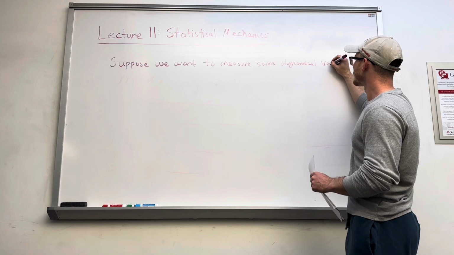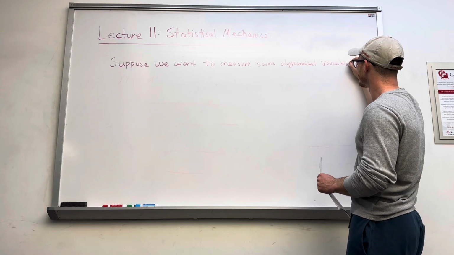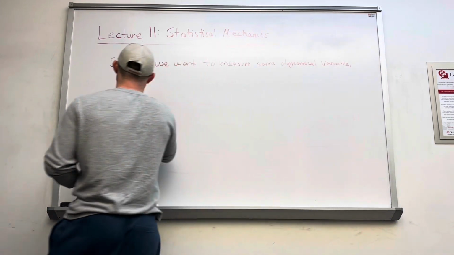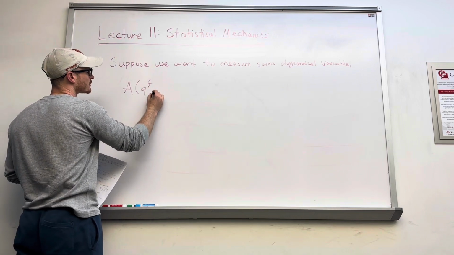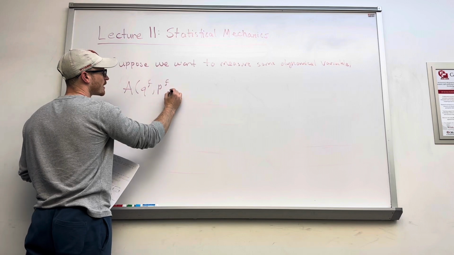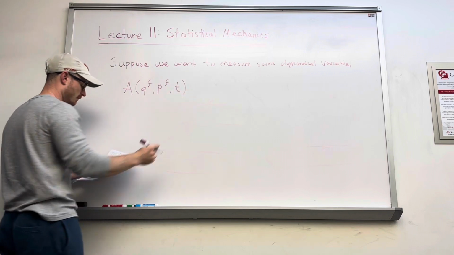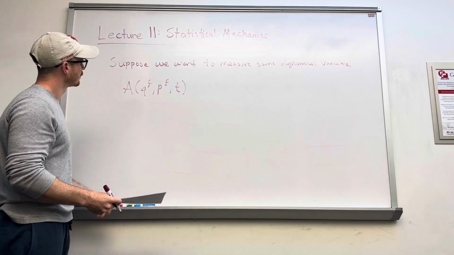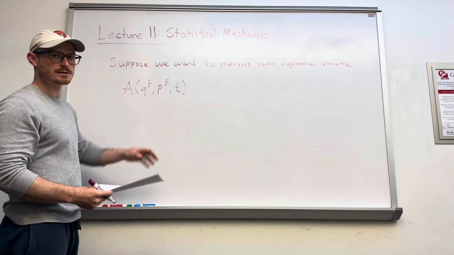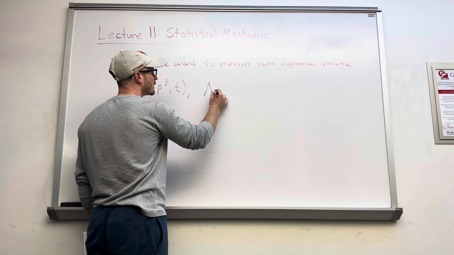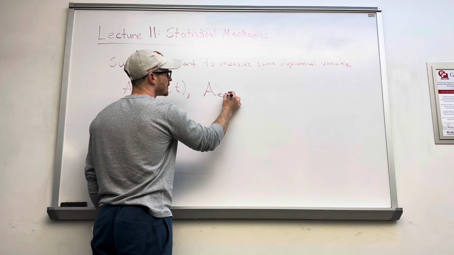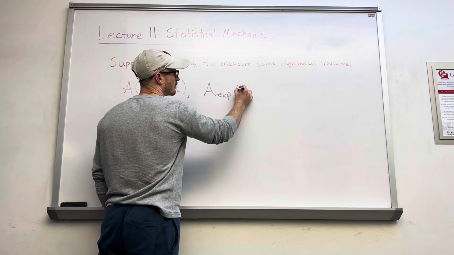And a dynamical variable, remember, is just a variable that depends on the relative positions of the particles, the momenta of the particles, and time. We want to measure this, right? Well, when we make the measurement at some time t, we can call that A experiment of t.